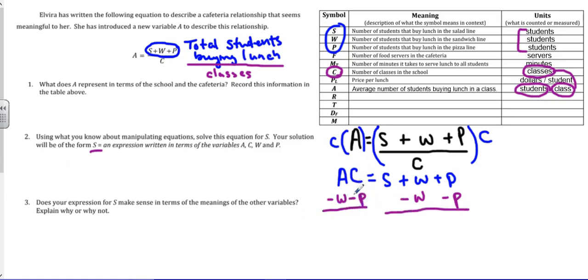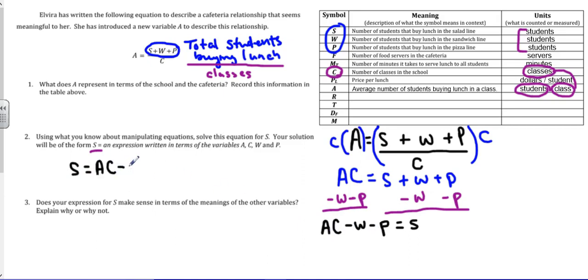Over here on the left, since I'm subtracting W and P from AC, it's really important that I write AC first when I write my next line of my equation. Then I'll bring down the equal sign and the S. So now S is by itself, so I've succeeded. Even though it says S equals, it can still be equals S. When I rewrite it so that it's S equals, I still have to make sure that I list AC first.